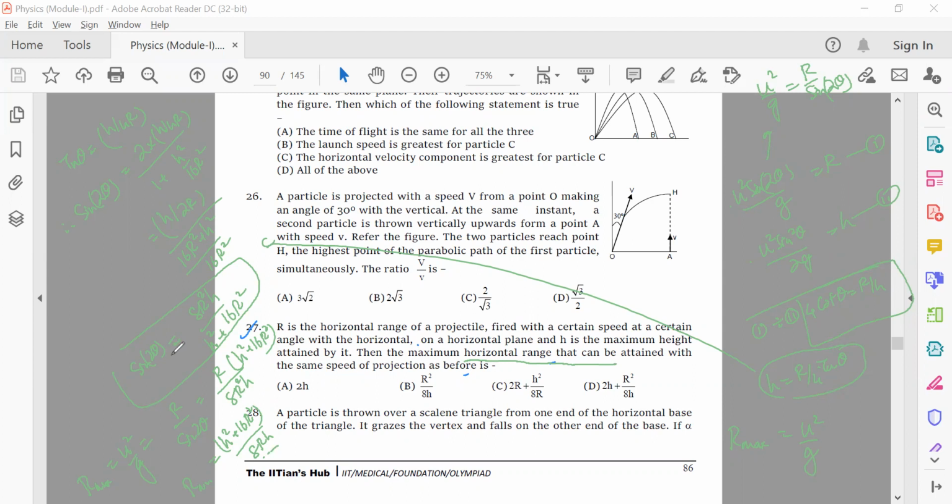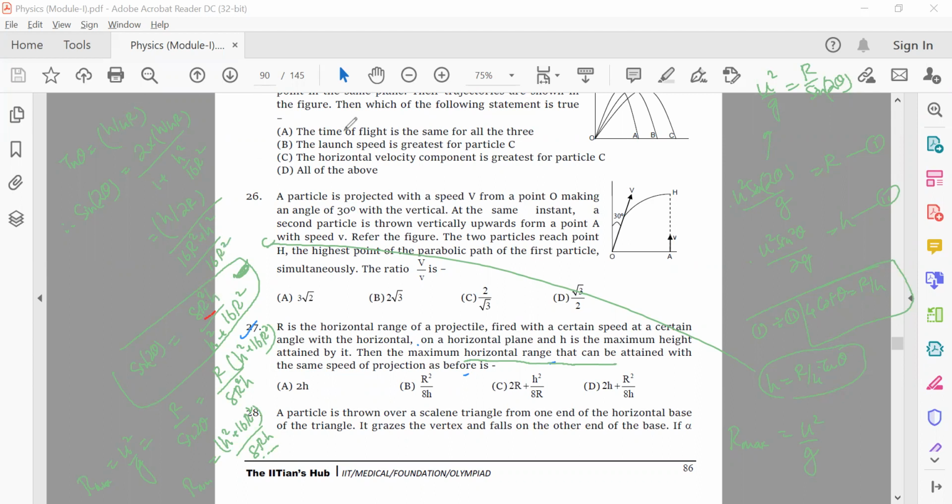Achha. In this, it's getting cancelled, is it? No, sir. In the last step, R will get cancelled. So sine 2 theta is 8 RH, not R square H. In this, you're saying this step. Yeah, sir, it's R. Yes, yes, it is R. Correct.